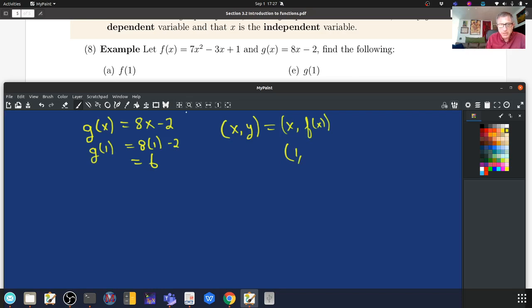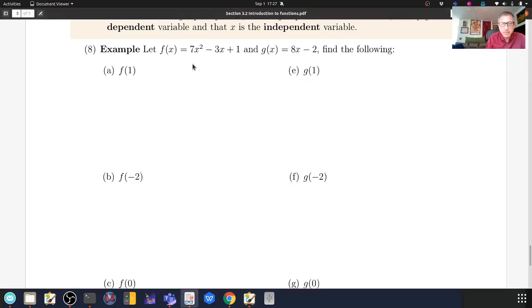That should be g of x, sorry, because my function name is g. Many times it is f. G, and what is x? It's 1, which is equal to 1, 6. So the point 1 comma 6 is a point on the graph of g of x.